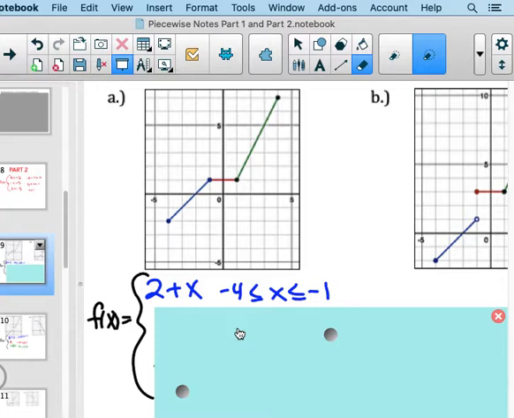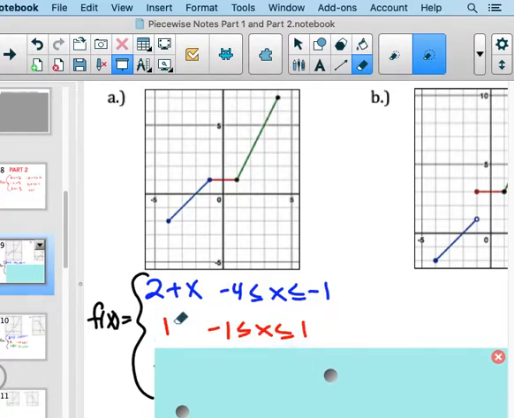Negative 1 to, and I'm crossing through. So the 1 in my equation right here is for the horizontal line. My domain, negative 1 to 1, is this area here, the width of it.